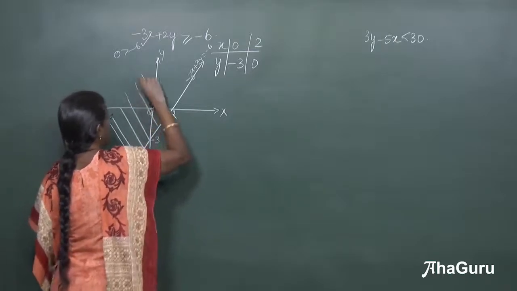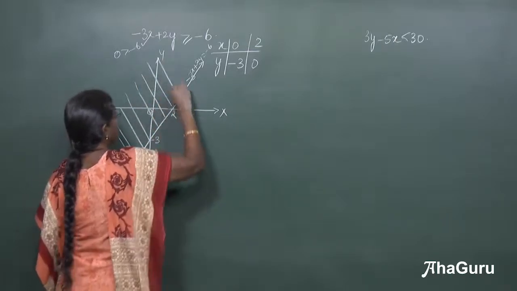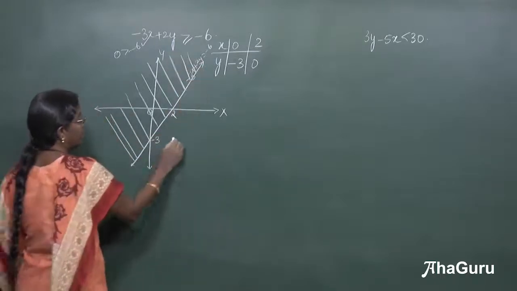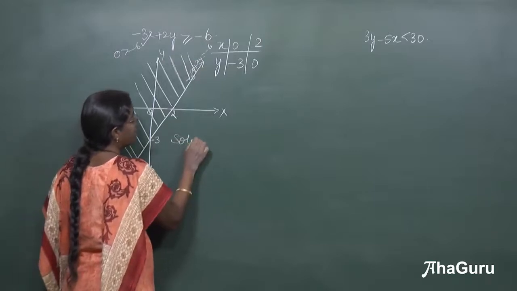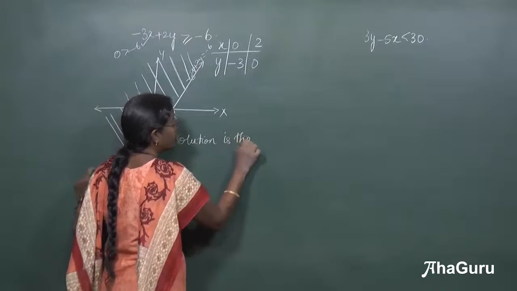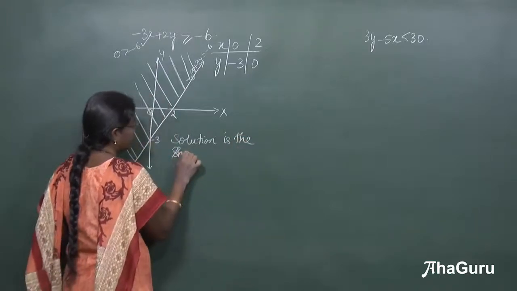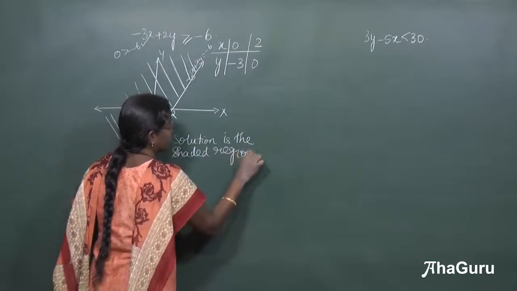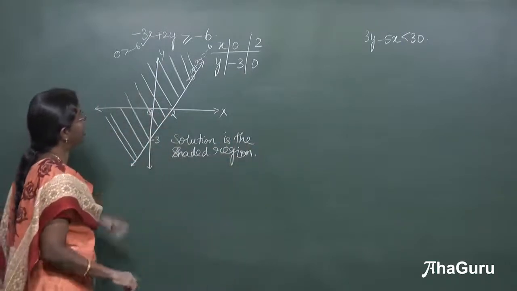The entire stretch you will be shading towards the side of the origin, and write here on the ruled side that the solution is the shaded region in the graph.